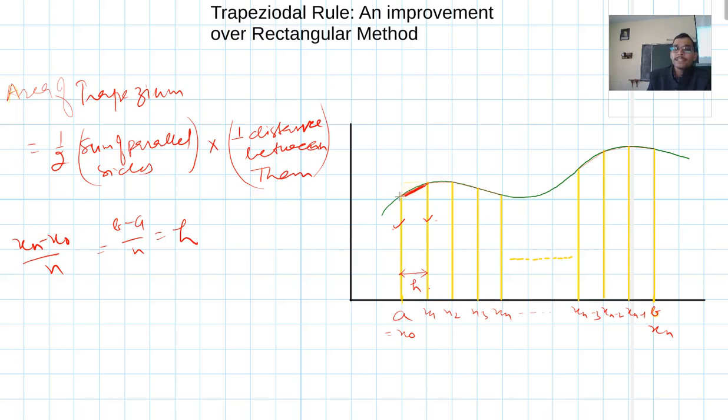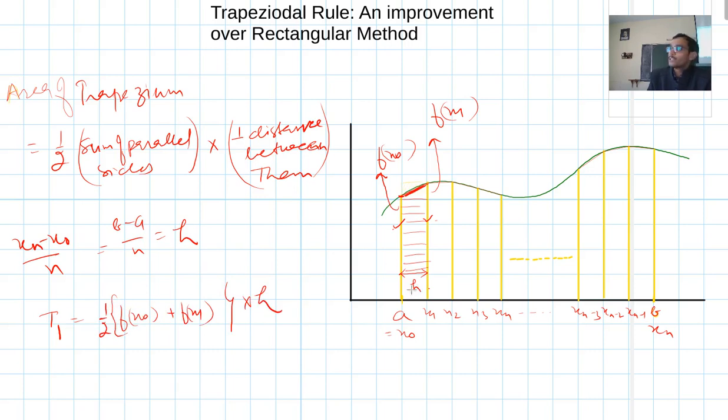And what is the length of this? This side is f of x naught and this side is f of x1. So the area of the first trapezium is 1 by 2 times f of x naught plus f of x1, into h.